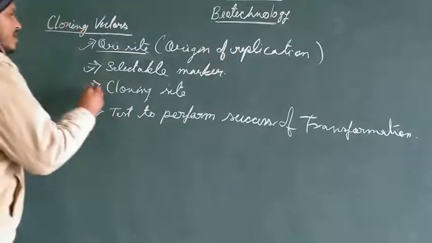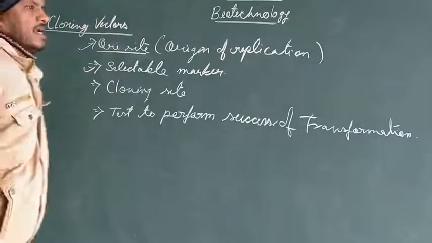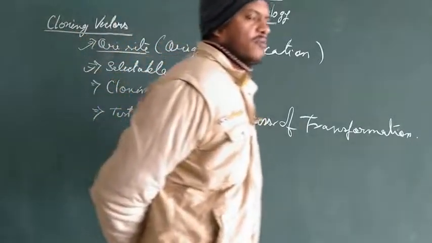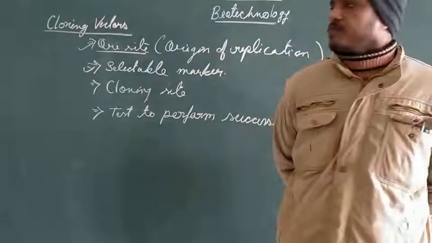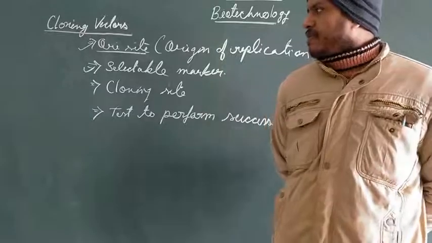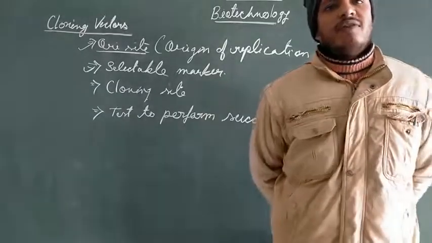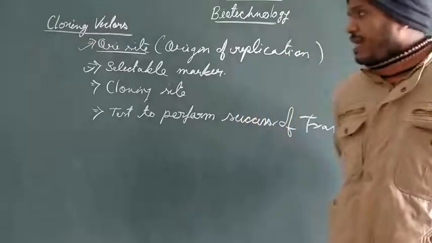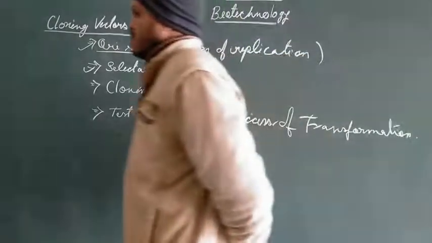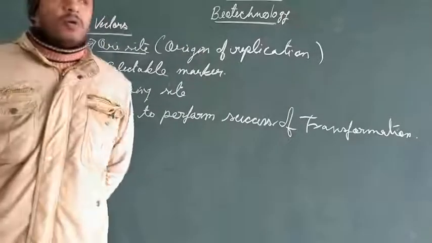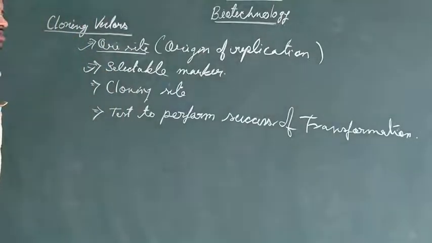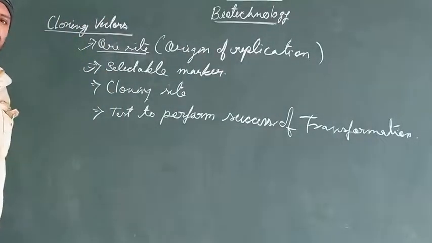Second, we discussed selectable markers. Selectable markers are a small sequence of genes which have the capability to show resistance against particular kinds of antibiotics. They code for resistance to particular antibiotics.